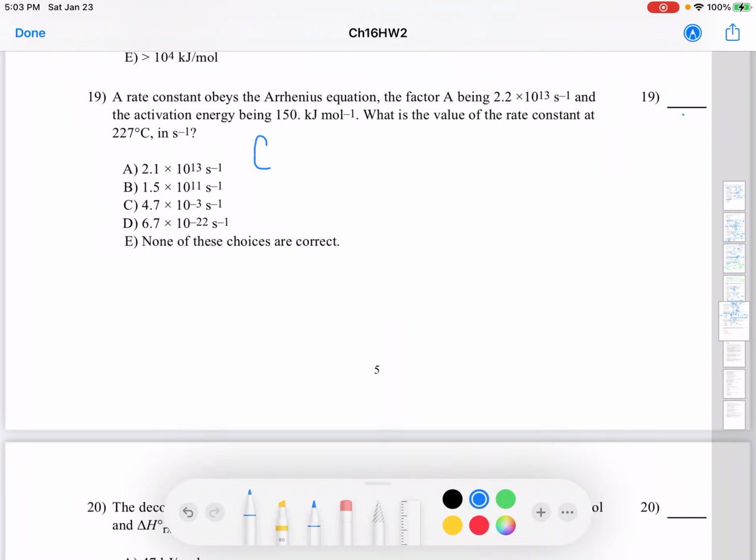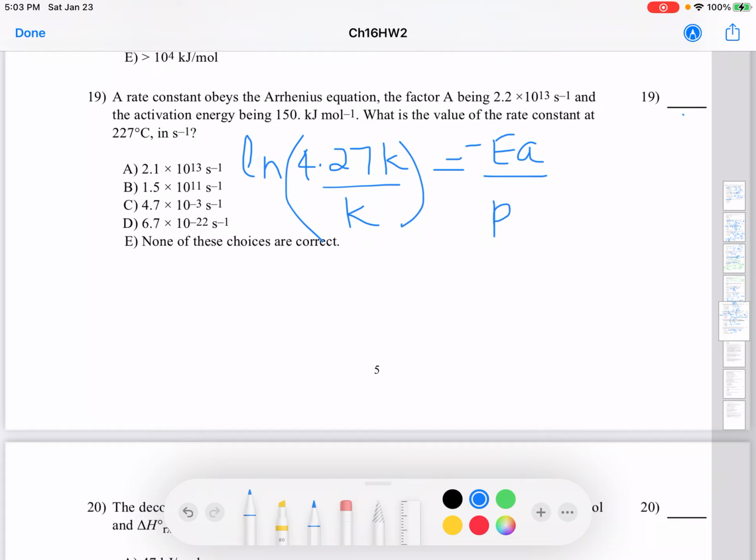ln K2 over K1. K2 now is going to be 4.27 K, so ln of 4.27 K over K, because we use the factor that they give, the relationship, equals negative EA over R, times 1 over T2 minus 1 over T1.